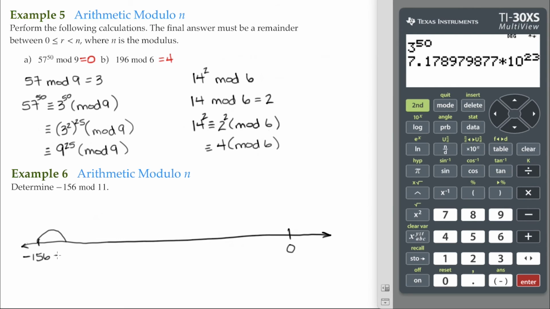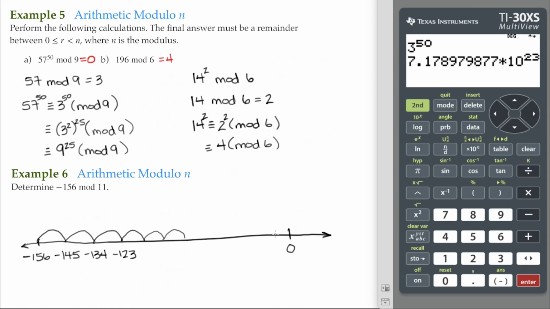So then this is negative 145. We're at negative 145. Come over another 11. I'm now at negative 134. I come over another 11. I'm at negative 123. And I continue this over and over and over.